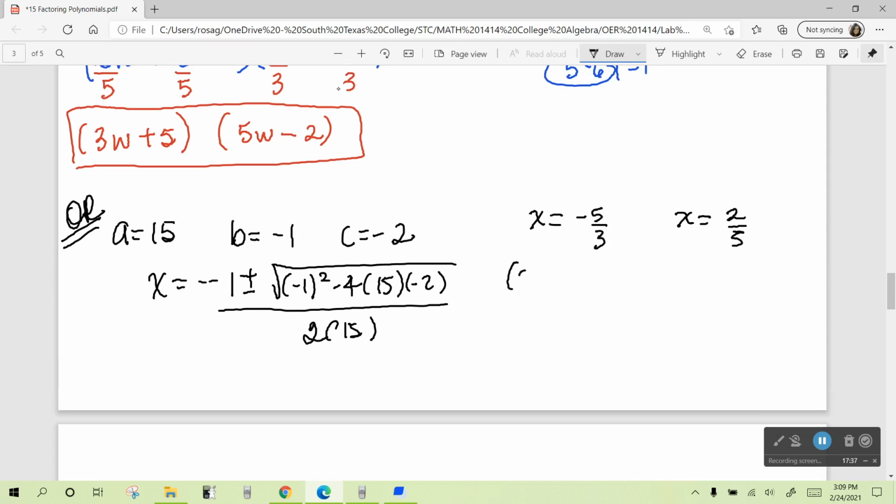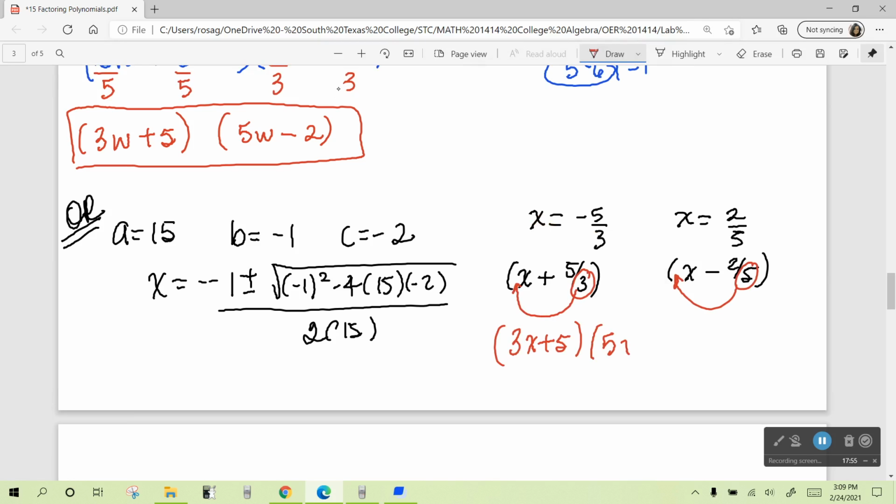So when it's time to get them backwards, it will be x plus 5/3, x minus 2/5. And then you're going to get the number in the bottom and put it in the front. Like that.